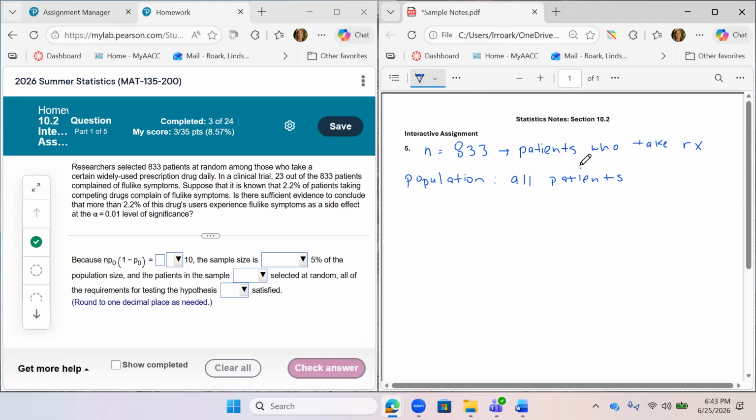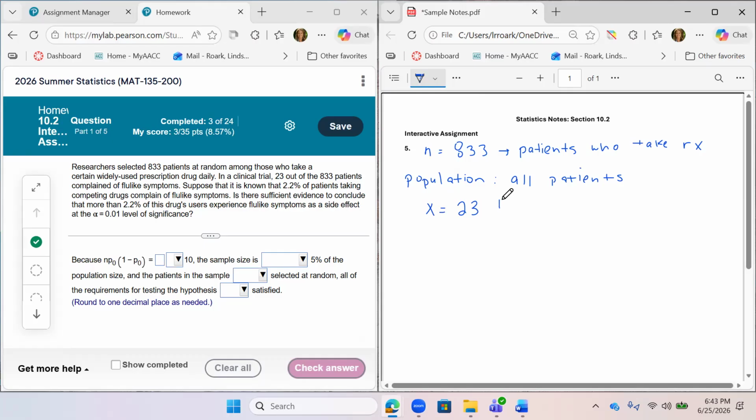Okay, so then it says in a clinical trial, 23 out of the 833 patients complained of flu-like symptoms. Right there, that's telling me, because when we're setting up these proportions, they give us a sample and then a part of that sample that had some characteristic.